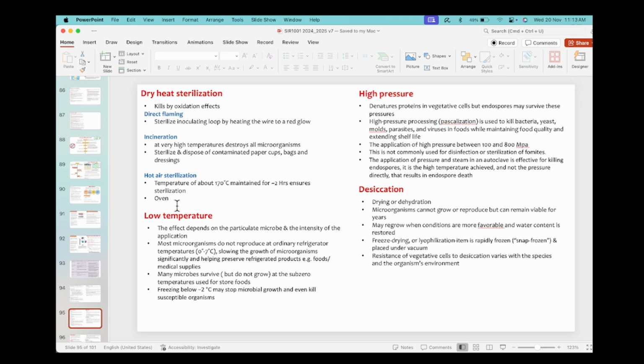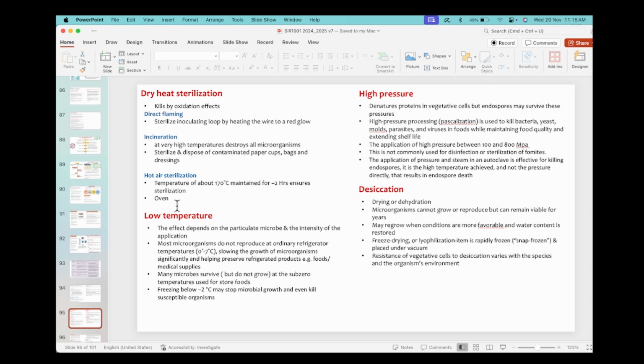But freezing is mainly to slow down the microbial activity, to preserve the suitability of the food, the taste, the nature, the texture of the food, just to prolong, okay, to preserve the food quality. But remember, there are psychrophiles.